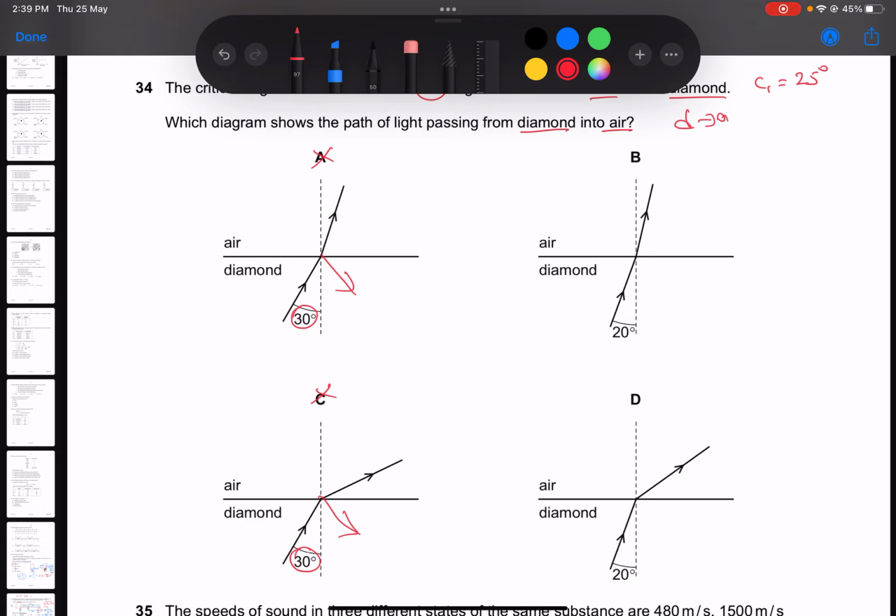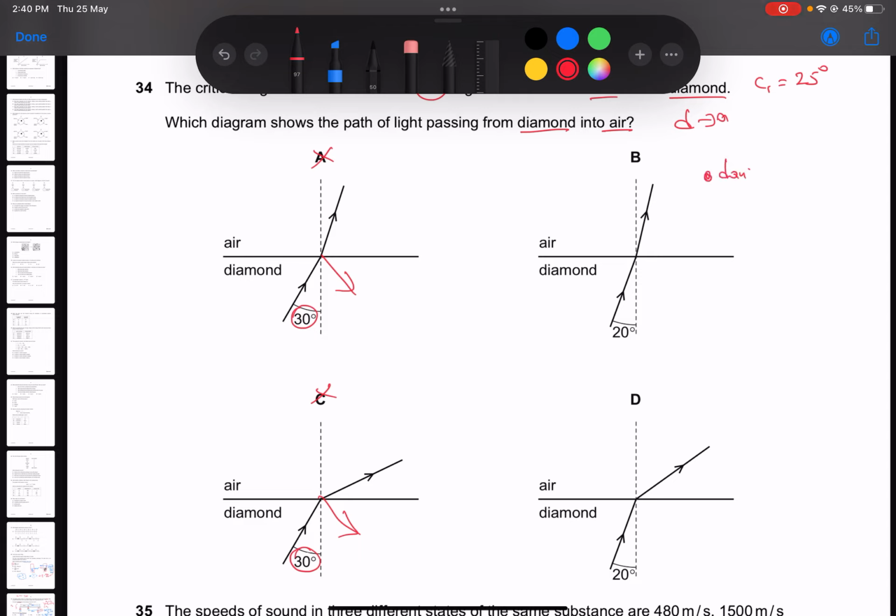B and D. The difference is that B bends towards the normal line, and on D, it's away from the normal line. Which one is correct? Guys, remember this one. Let me explain in two cases, okay?